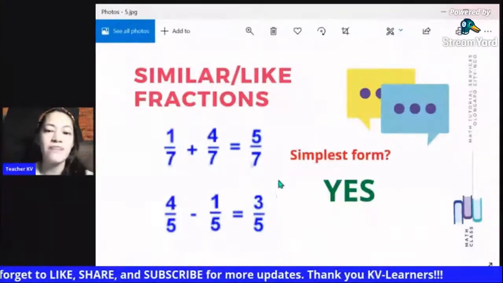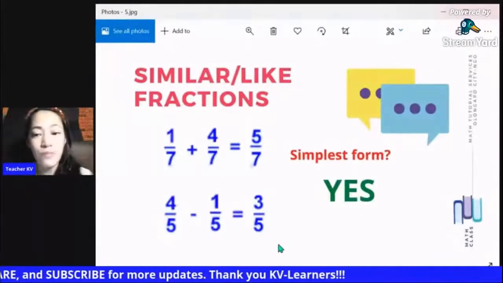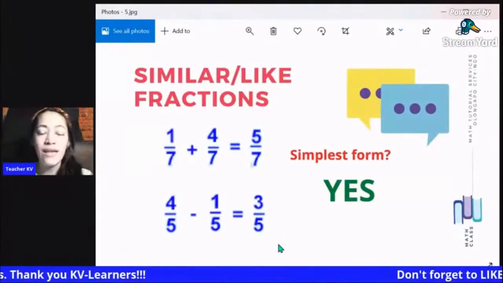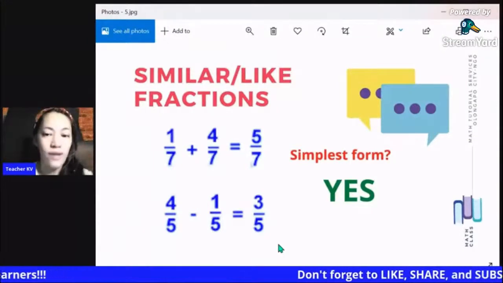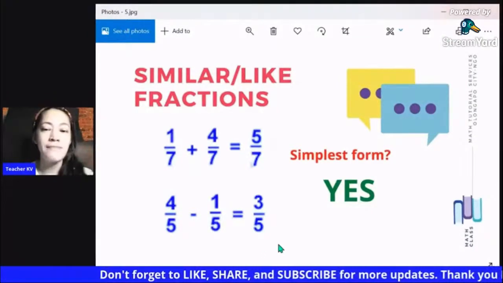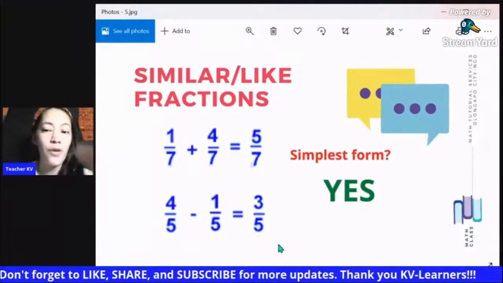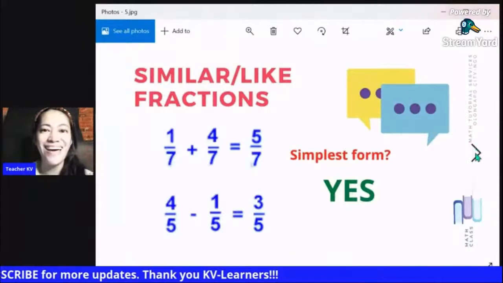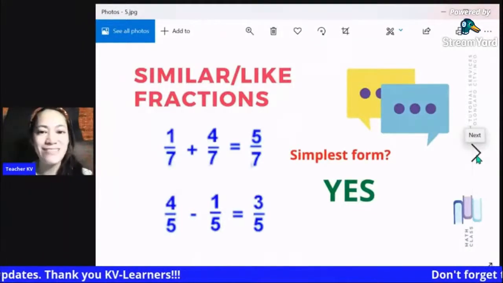Same as 3/5, 3 times 1 and then 5 times 1. Wala nang ibang factor kundi 1. So, ibig sabihin, yan na yung kanyang simplest form or lowest term. Okay, naintindihan ba? Proceed tayo sa next.